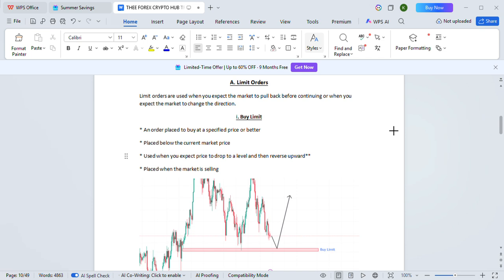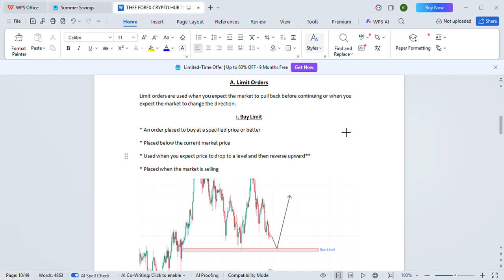Let's say half of this, at 43.50, that's where you expect the market to go up to, and then it will continue selling. So at 43.50, you place the kind of order we call a sell limit.